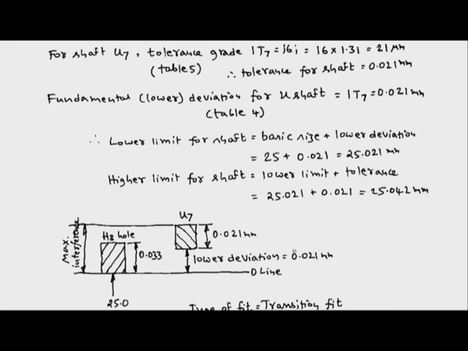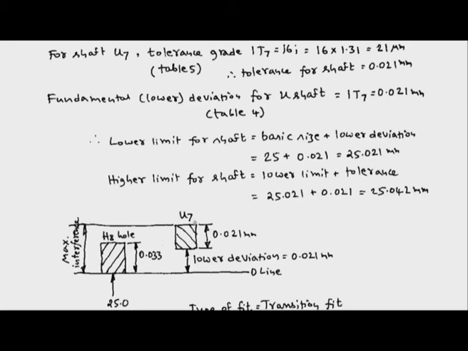Now we can find the lower limit for the shaft. This is equal to basic size of shaft is 25, to the basic size we have to add this fundamental lower deviation, that is 0.021 mm, then we get lower limit for the shaft, that is 25.021 millimeter.